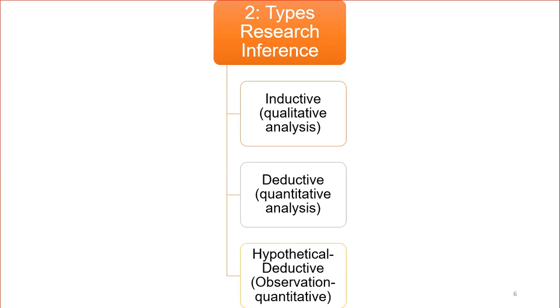In the inductive research, knowledge is generated from an observation to achieve a generalization. From an observation, knowledge is generated. But in terms of deductive, knowledge or realities is explained by general laws that point towards certain conclusion.